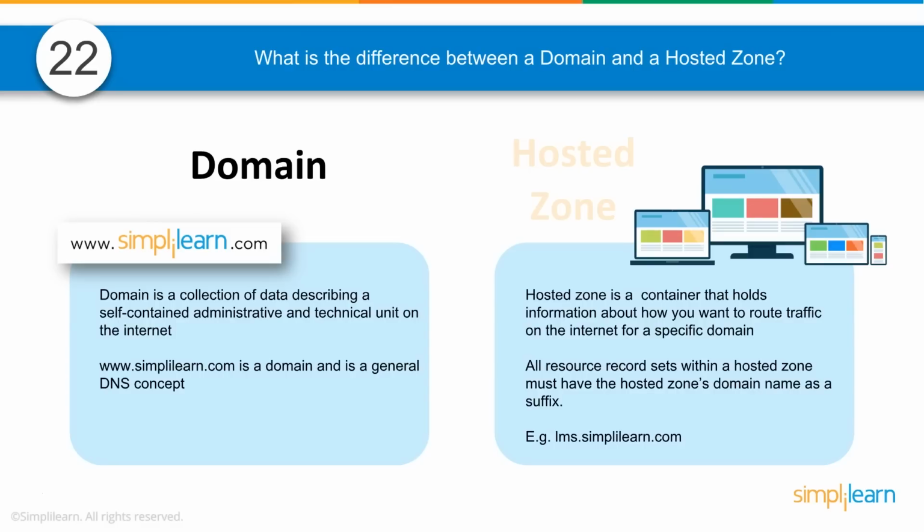On the other hand, a hosted zone is a container that holds information about how you want to route traffic on the internet to a specific domain. For example, lms.simplilearn.com is a hosted zone, whereas Simplilearn.com is a domain. So in other words, in a hosted zone, you would see the domain name plus a prefix to it. LMS is a prefix here. FTP is a prefix. Mail.simplilearn.com is a prefix. So that's how you would see a prefix in hosted zones.